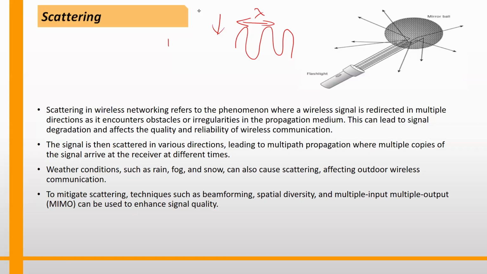An example of scattering is sunlight shining on objects, right? That is because of scattering. When sunlight enters the Earth's atmosphere, it interacts with the air molecules, and shorter wavelengths like blue and violet are scattered.